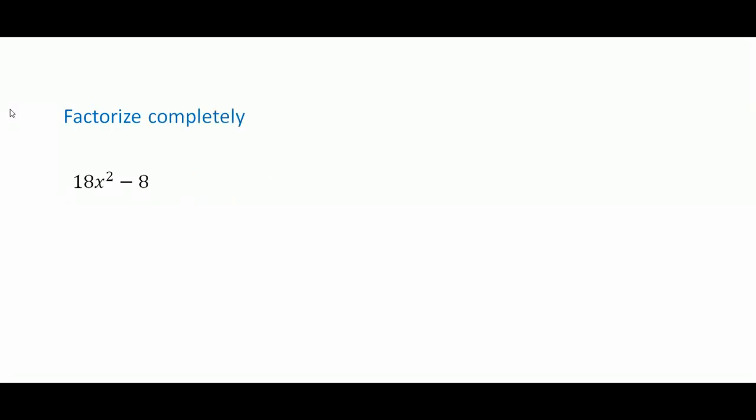And our last example here is to factorize completely. Now 18x squared minus 8. The 8 is not a square term, but we can attempt to remove a common factor. If we pull out 2, then this becomes 9x squared minus 4.